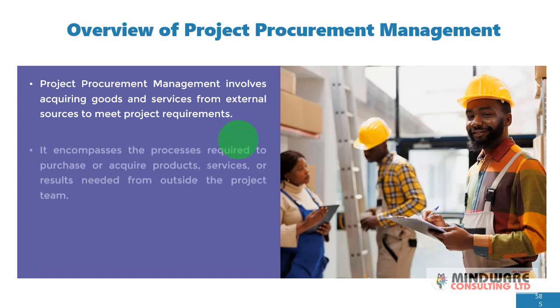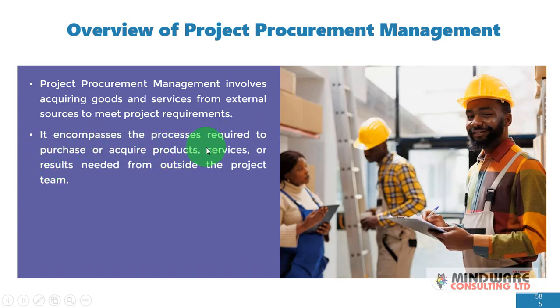It encompasses the processes required to purchase or acquire products, services, or results needed from outside the project team. So what are those processes? That's what we're going to be looking at in project procurement management: the processes involved in the purchase or the acquisition of all the materials that we require for our project from outside of the project team.